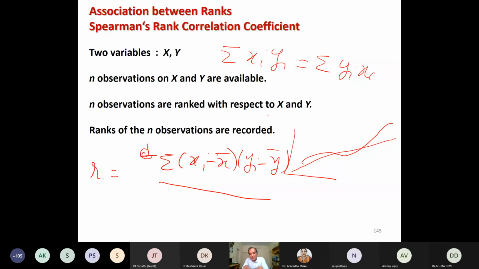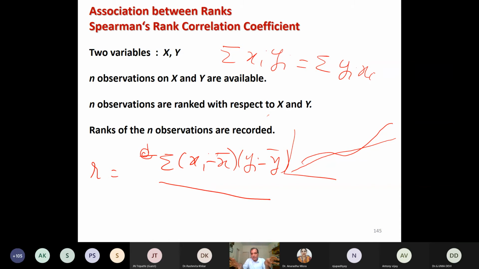But surely your question is valid. I am considering here only two variables, but surely there can be different situations: a group of variables, and between them also we can find some sort of correlation.